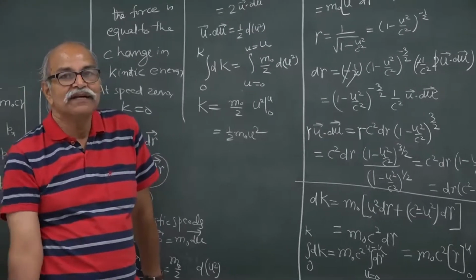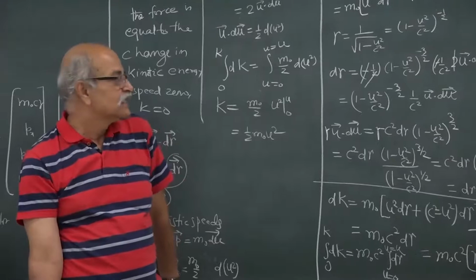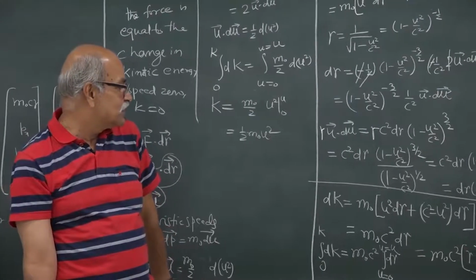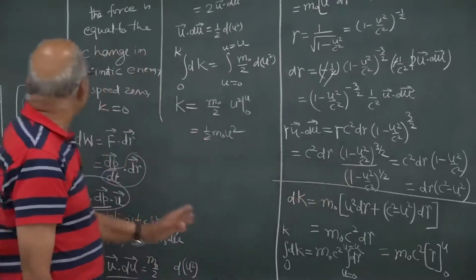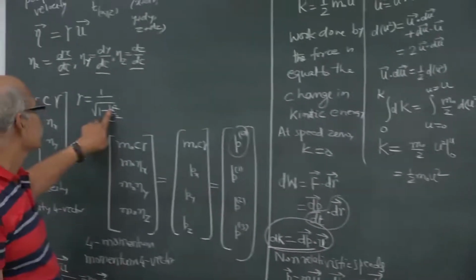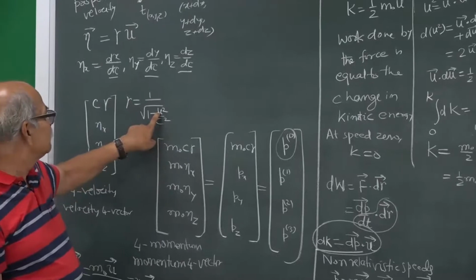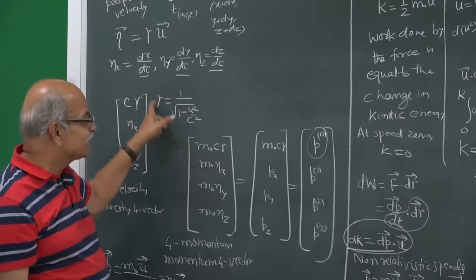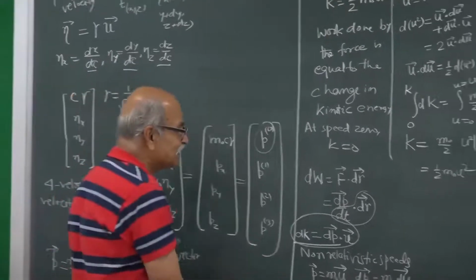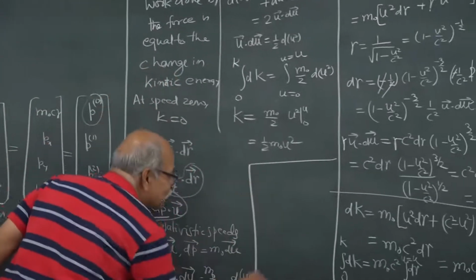What is gamma at u equal to 0? Gamma at u equal to 0 is just 1, right. If u is 0, gamma is just 1, and if u is u, then it is just this. So what is the expression of k? Let me write it here before I rub the board.